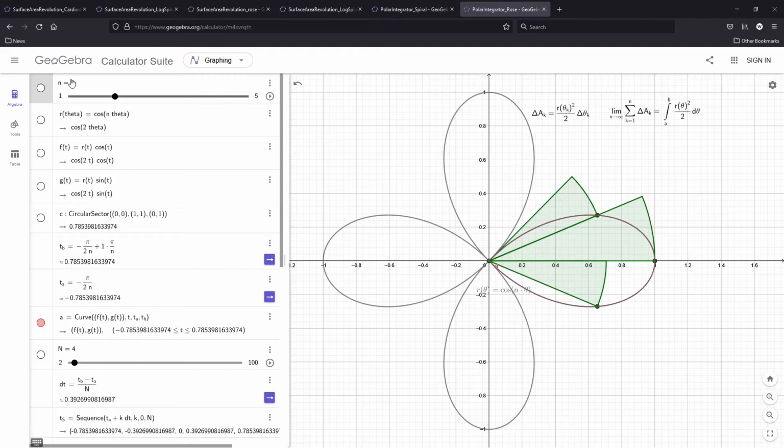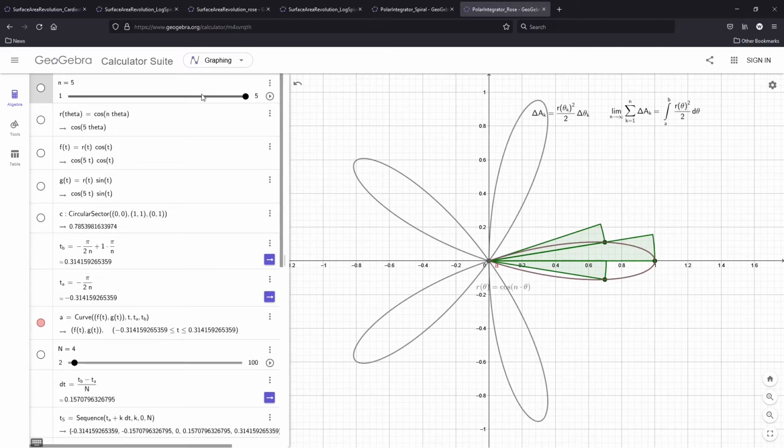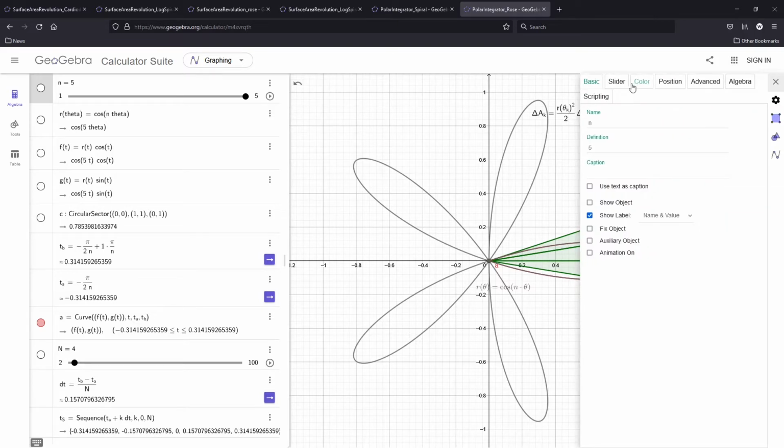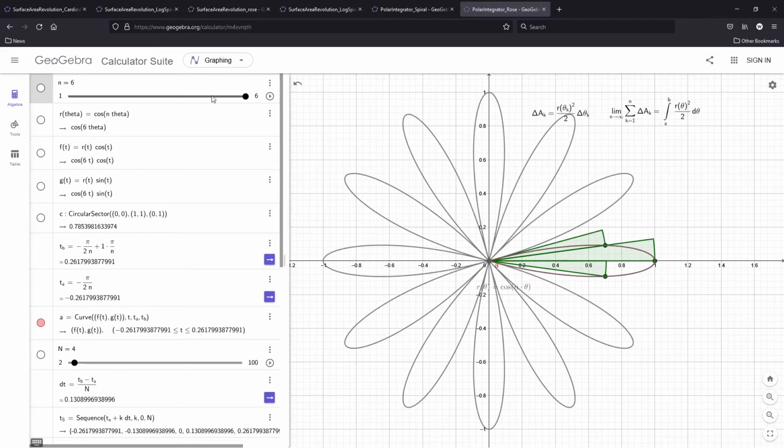So when n is 2, there are 4 petals. When n is 4, there are 8 petals. And the highest I went up to here is 5, so I can just change that to 6. You get 12 petals.